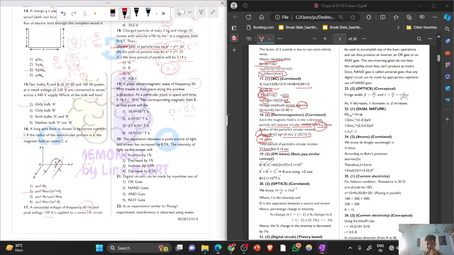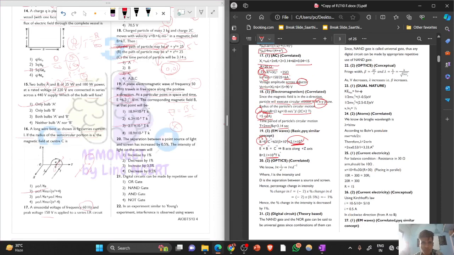From here you get B. The magnitude of B will come out to be this, and from here you can understand the direction. As the wave is in the x direction and the electric field is in the J direction, the magnetic field will be in the K direction. So you know the magnitude and the direction. By magnitude and direction, you can say that option C, the third, will be the correct answer.